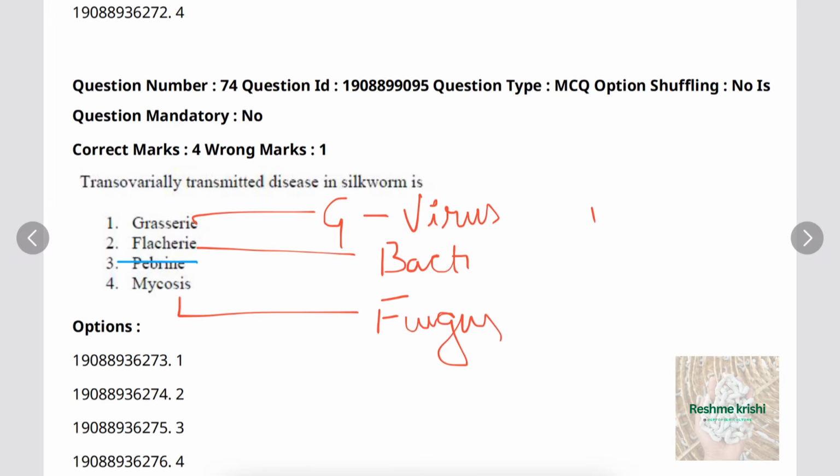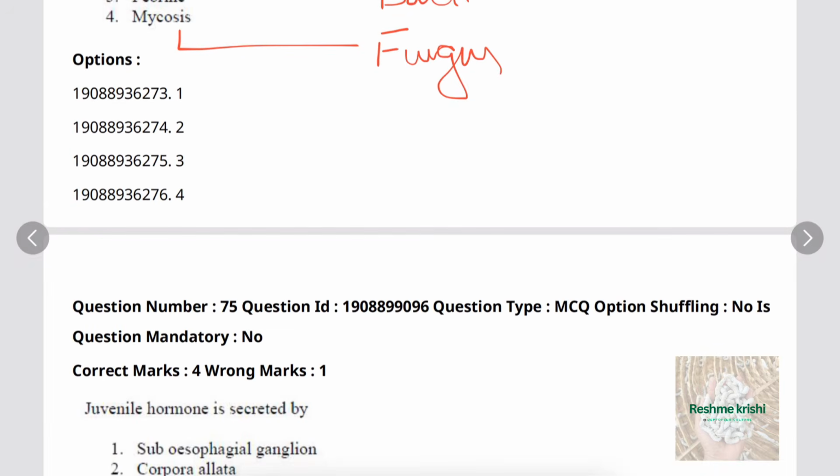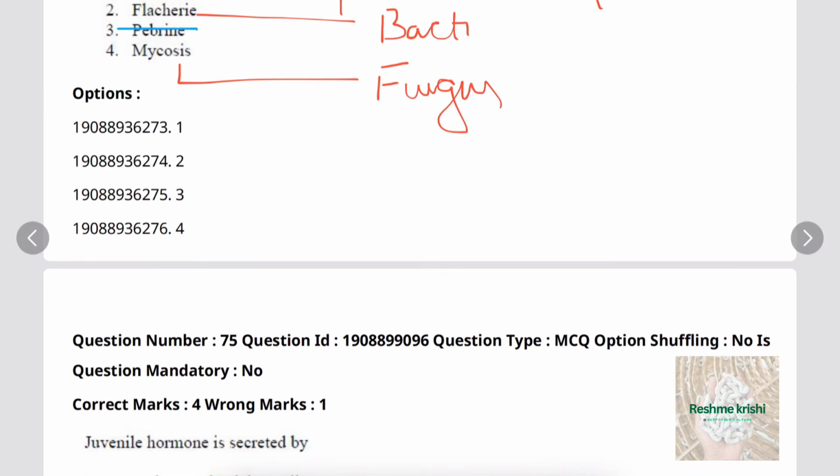It's easy. There is always confusion between grasserie and flacherie. So always remember flacherie with Facebook, FB. FB comes for flacherie, Facebook, which is bacteria, and grasserie virus, and mycosis with fungus. So this is also FM.